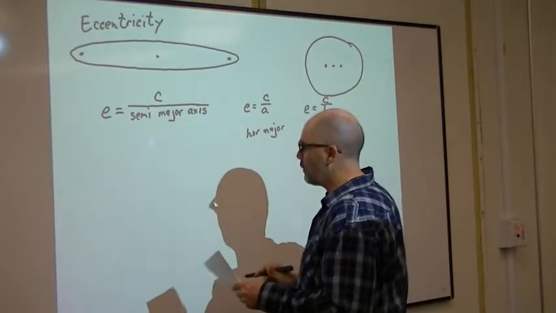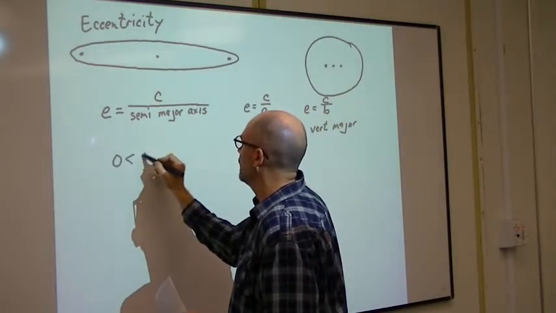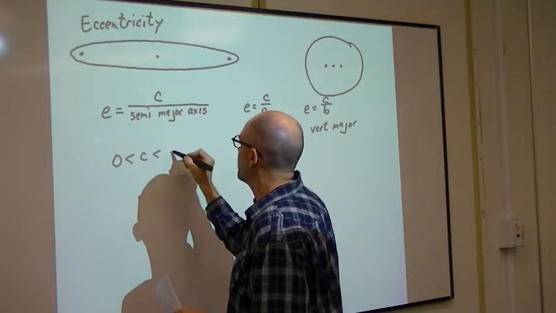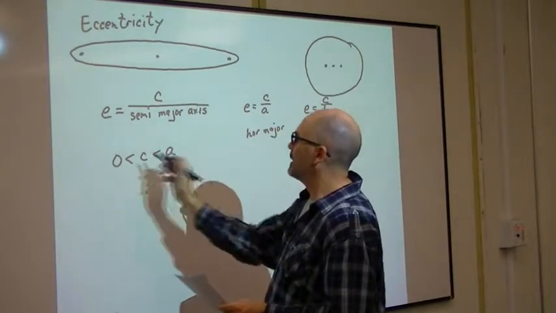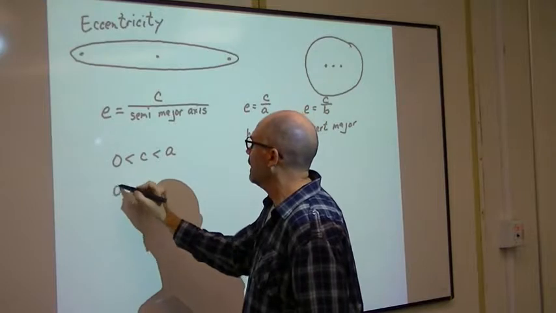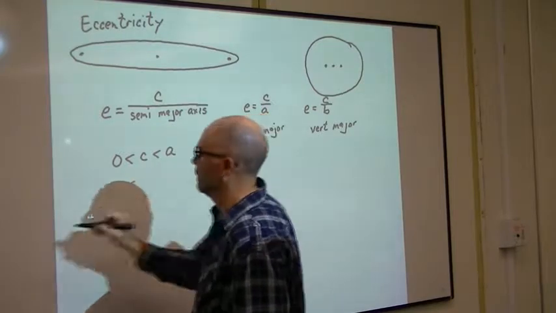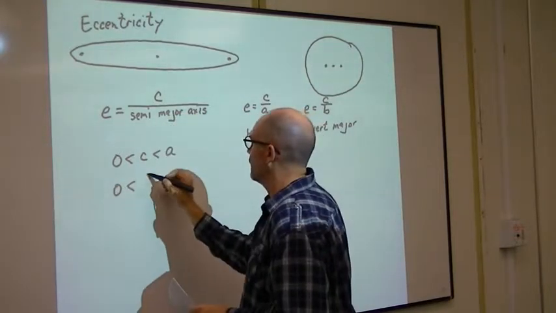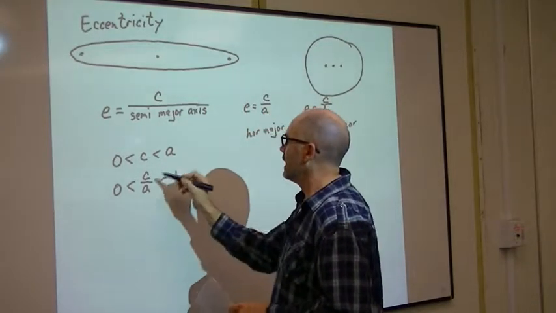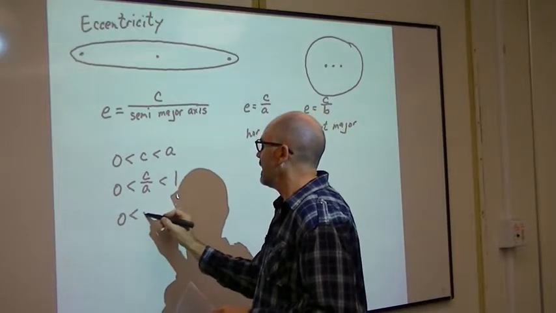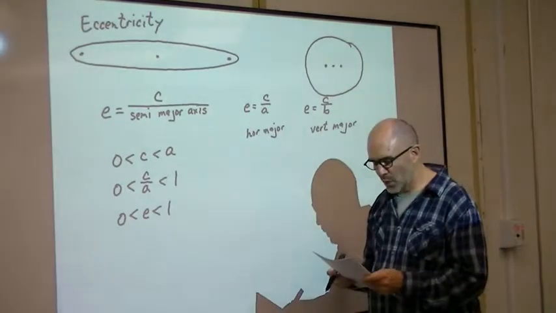And the other thing that we know is, since c has to be somewhere between 0 and a, let's say, then if I divide through by a, I've got 0 less than c over a, which is less than 1. Now, c over a is eccentricity, so what that's saying is eccentricity is going to be a positive number between 0 and 1.